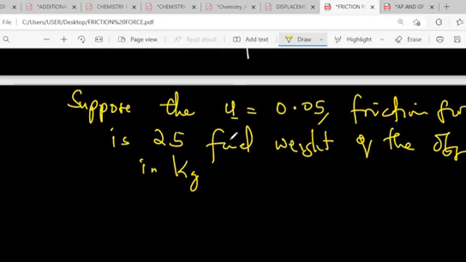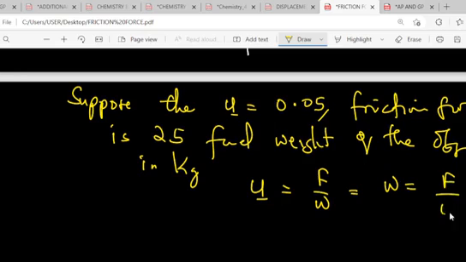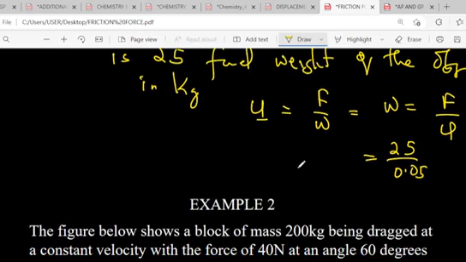What do we do? Okay, when you write your formula, the coefficient is equal to F over weight. So if we want to find the weight, it will be weight is equal to F over the coefficient. So F is 25, and the coefficient is 0.05. When you do this, you are supposed to get 500 newtons.